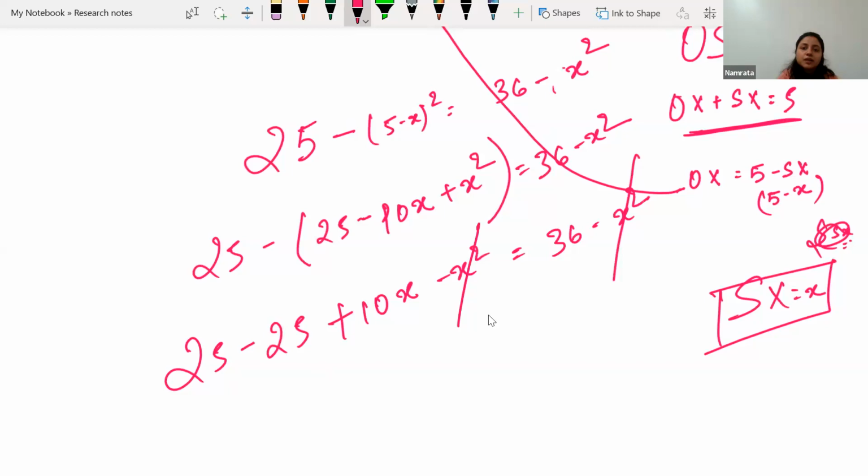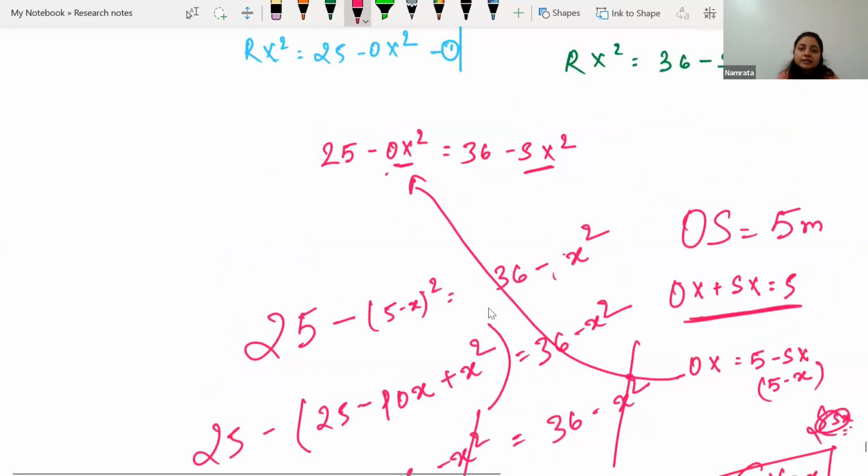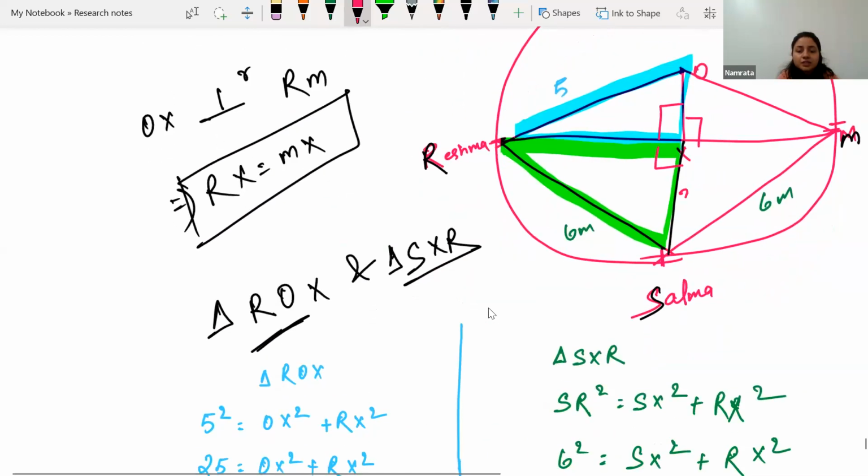X square gone. 25 gone. We got 10x is equal to 36. X is equal to 3.6. SX is 3.6, and total OS is 5.